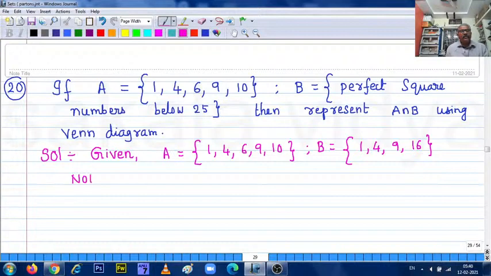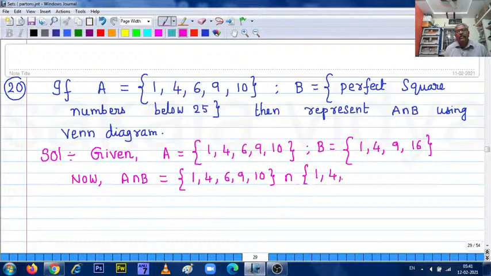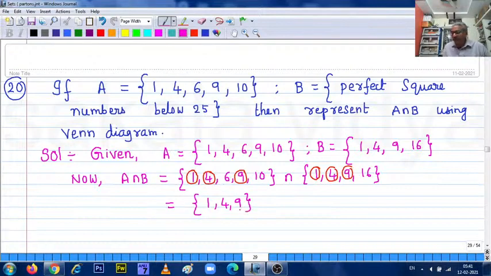Now let us find A intersection B, and after that represent it using a Venn diagram. Set A is 1, 4, 6, 9, 10 and set B is 1, 4, 9, 16. What are the common elements? 1, 4, 9. So A intersection B is equal to {1, 4, 9}.